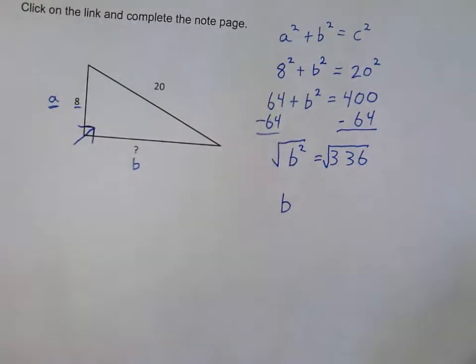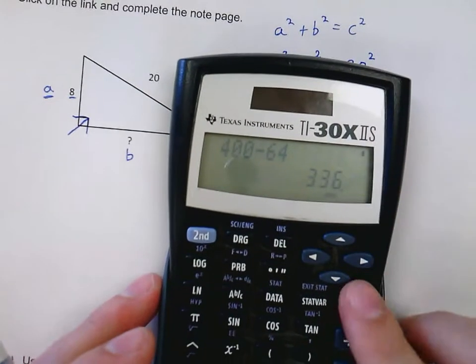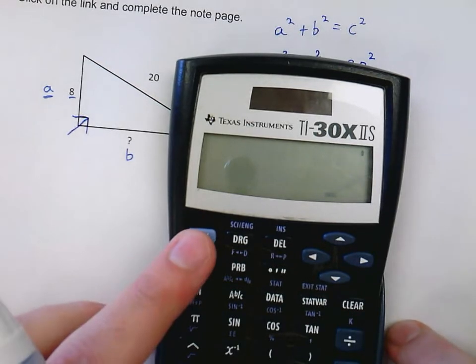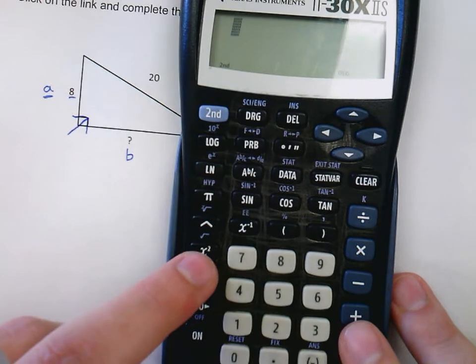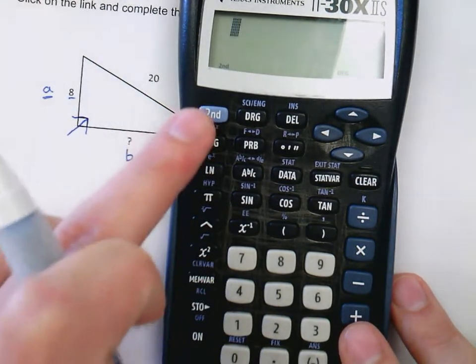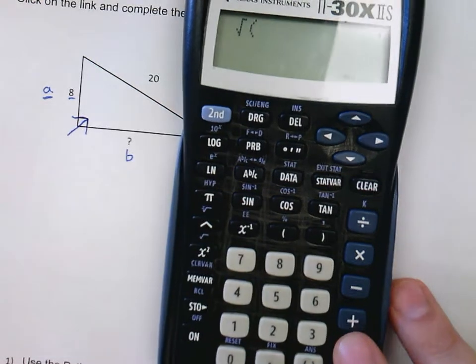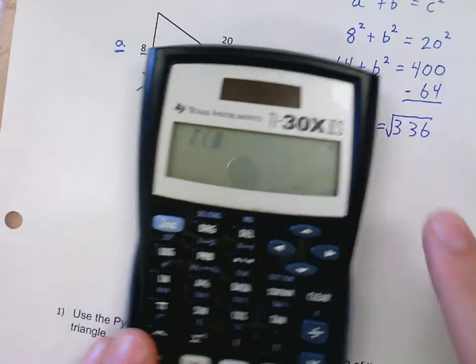If we remember, in our calculator we'd look at the square root. We press second, and then in blue right above x squared is that square root. So because we're in the second function, we press x squared, and we get that square root, and then we type in 336.